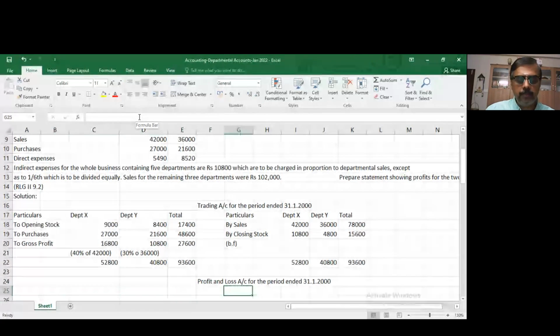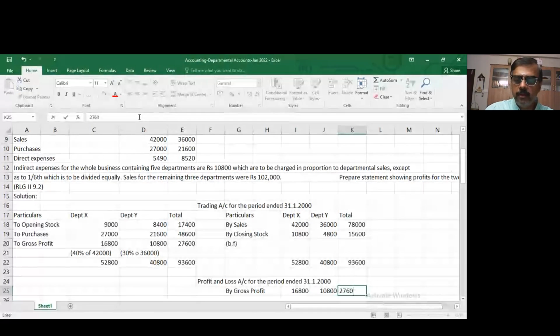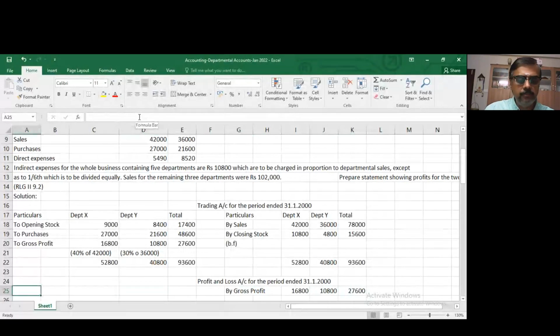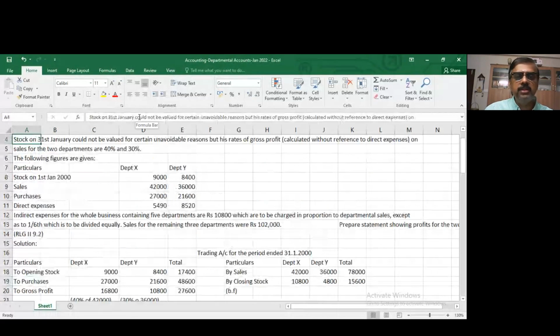So by gross profit, you have got 16,800 and 10,800, and the total is 27,600. Now direct expenses will come here. Carefully observe in the question, they have given direct expenses, and GP is without considering direct expenses.